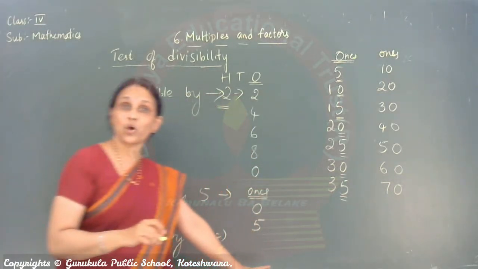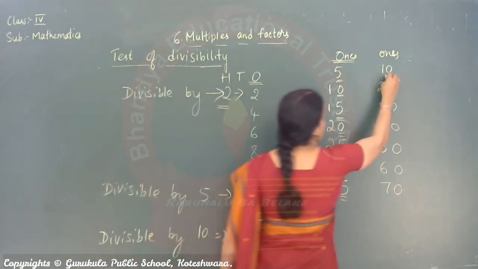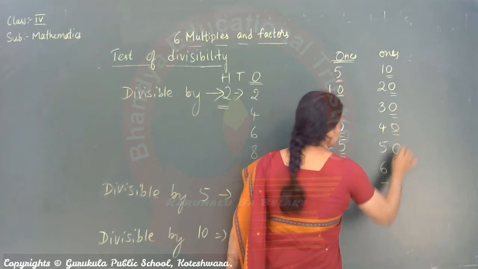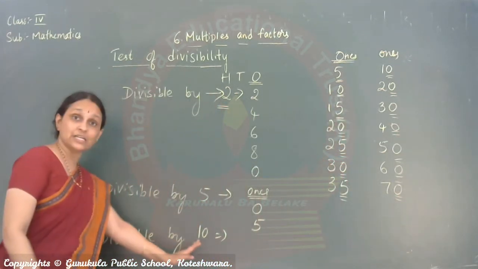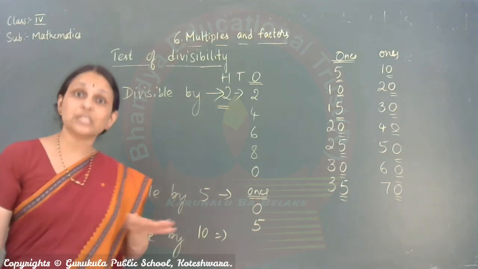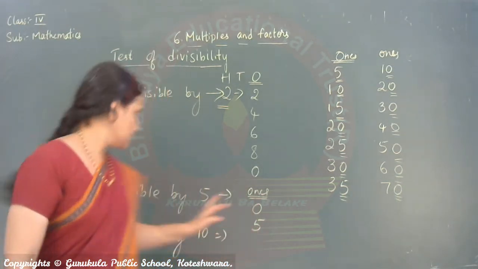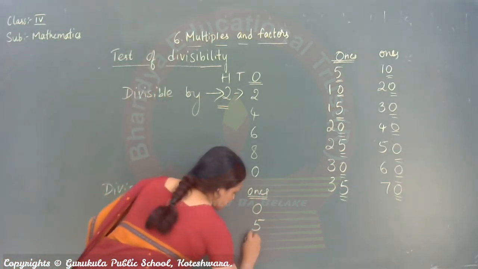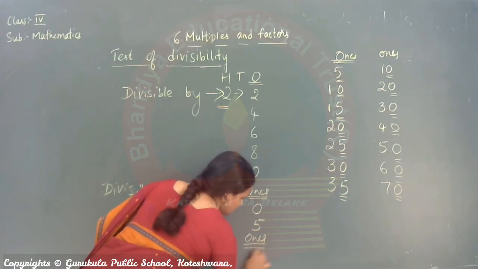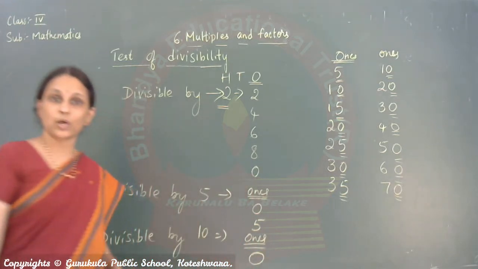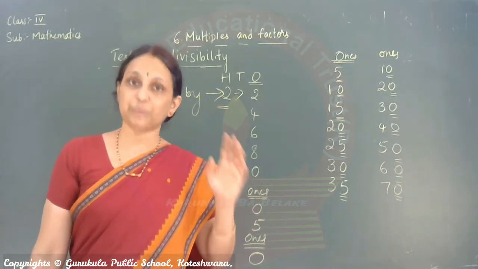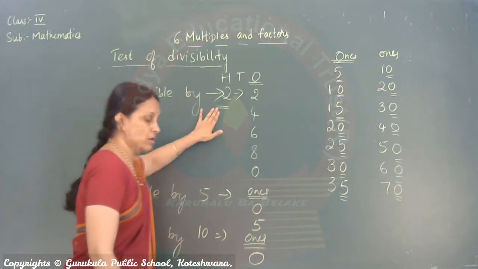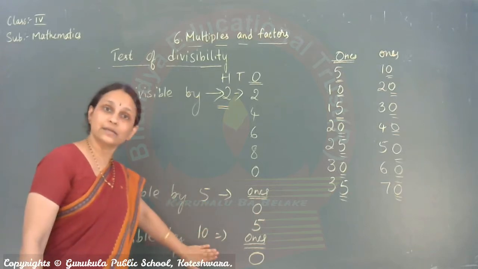As you go on writing, you see that the ones place is always 0. So, to be completely divisible by 10, the ones place should be 0. Now, I hope you understand the rules for divisibility by 2, 5 and 10.